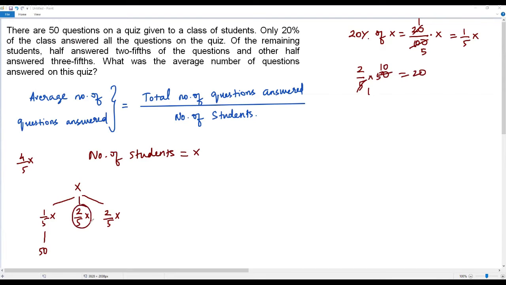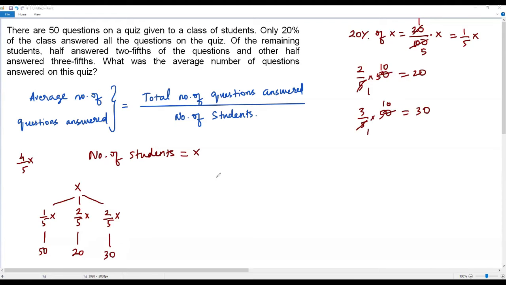That is, each of these 2/5 X students answered 20 questions. Now the remaining 2/5 X of the students answered 3/5 of the questions. Let's calculate 3/5 of 50, that is 3 over 5 times 50. 5 goes into 5 one time, 5 goes into 50 10 times, 3 times 10 is 30. That is, each of these 2/5 X students answered 30 questions.